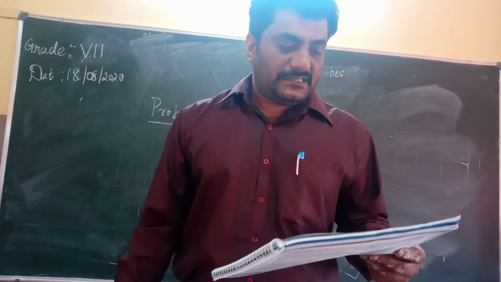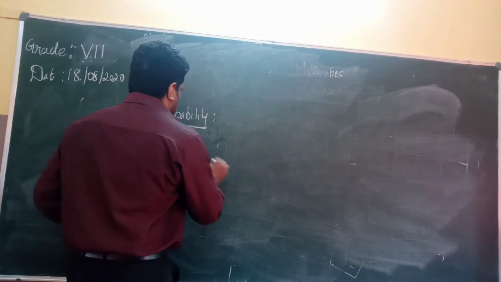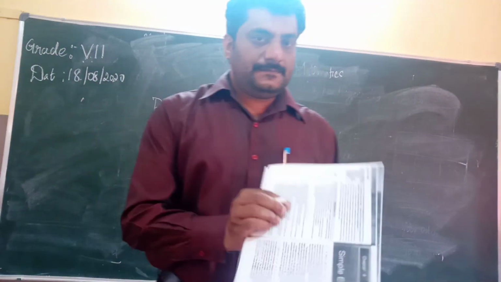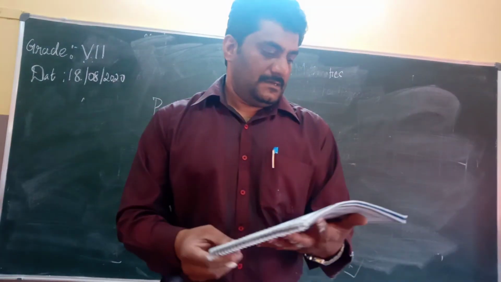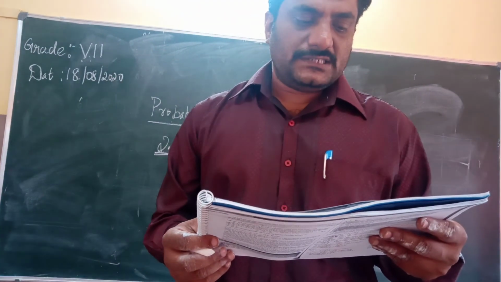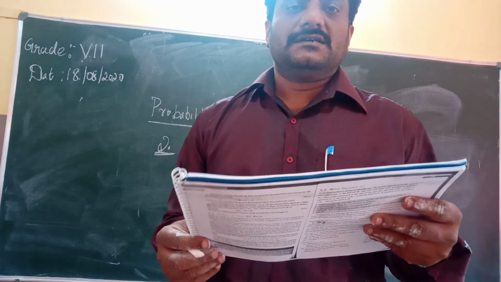Now in exercise 3.4, there is a problem called the second problem. There are 6 marbles in a box with numbers from 1 to 6 marked on each of them.